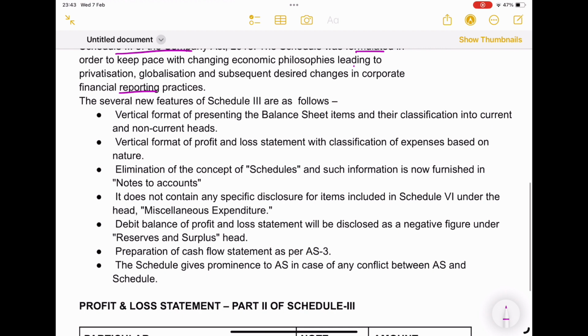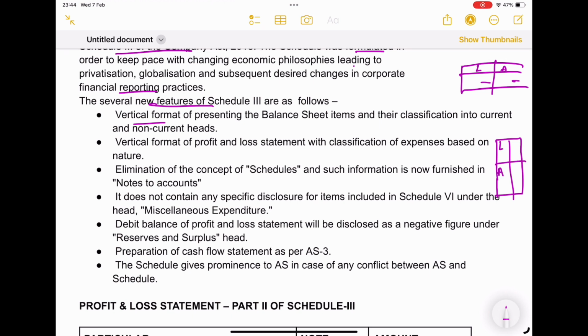See, here they have added a few new features to Schedule 3. Vertical format: we were preparing horizontal, right? Earlier we prepared liabilities and assets and then tallied them. But now we are going to solve in a vertical manner, so liabilities and then assets will be there.